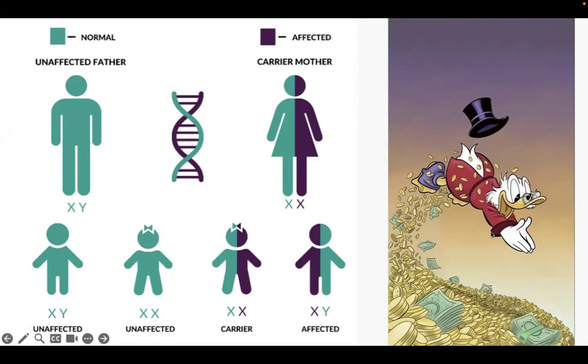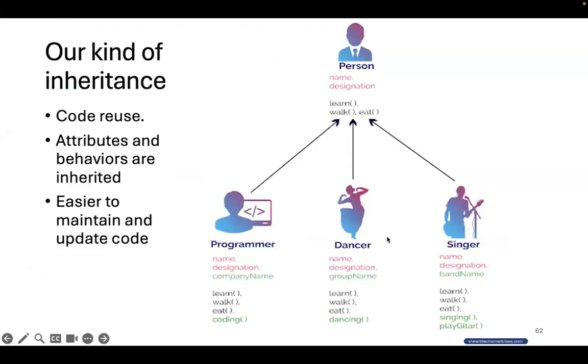Another is maybe like if you have a rich relative die and then you get your inheritance. I somehow doubt that Scrooge would ever want to let anyone inherit. But this isn't quite the kind of inheritance we're talking about. Some similar things apply. But let's talk about what it specifically means for us.